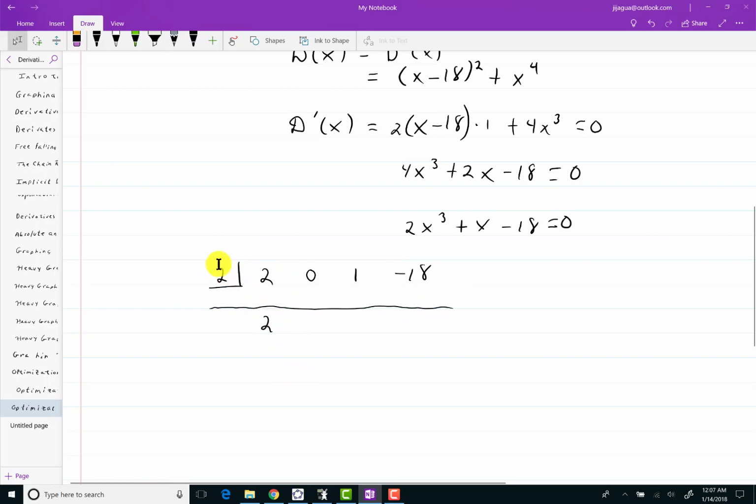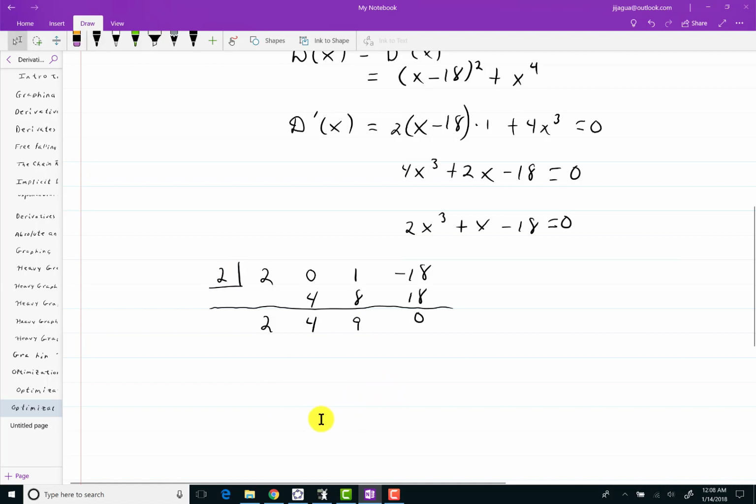2 times the 2 in the box is 4, and then 0 plus 4 is 4. 4 times the 2 in the box is 8, and then 1 plus 8 is 9. 9 times the 2 in the box is 18. Of course, that makes 0. We knew that was going to happen.